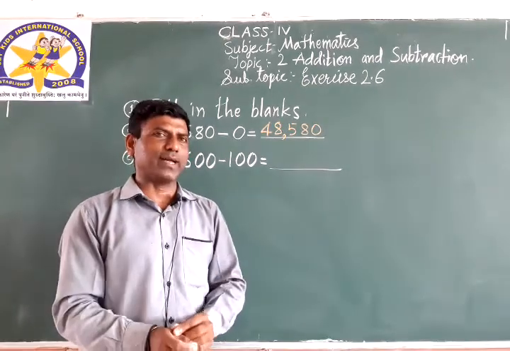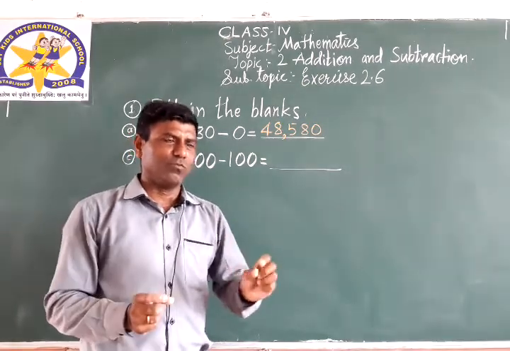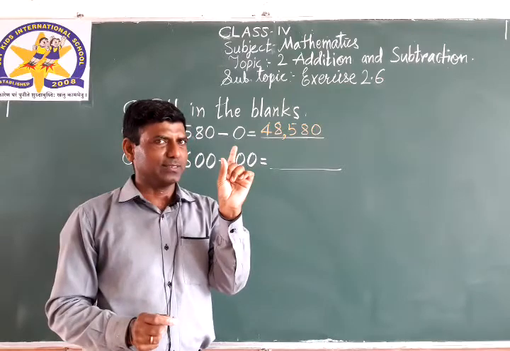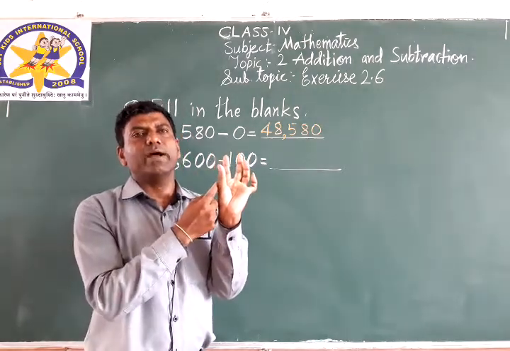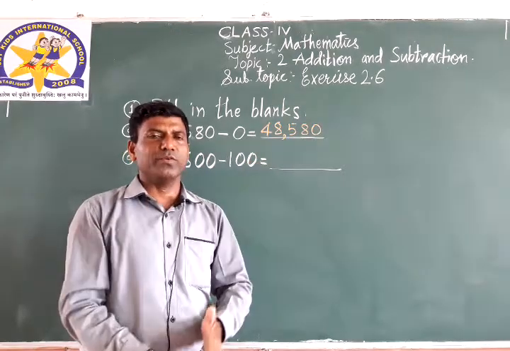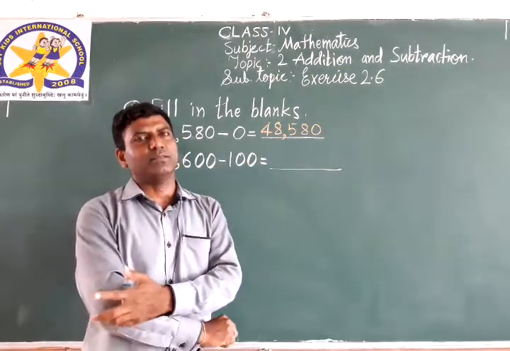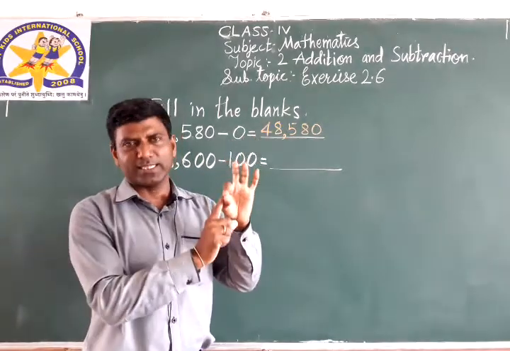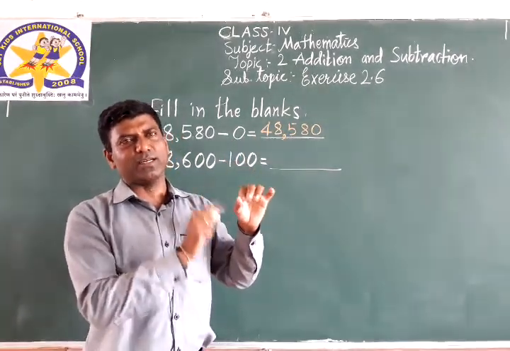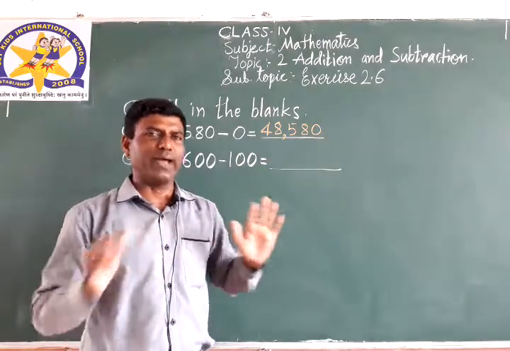If you want to subtract 100 from a number, focus on the 100 place, whichever number is there, minus 1. If you want to subtract 1000 from a number, focus on the 1000 place and subtract 1 from that number. Remaining will be as it is.